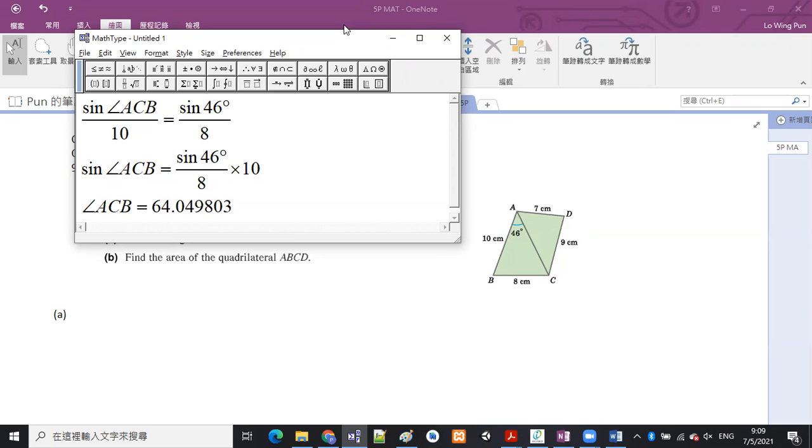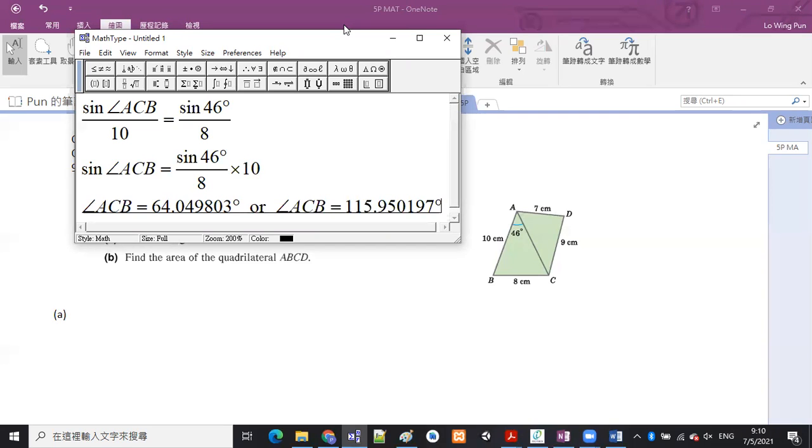And you'll find that angle ACB is equal to 64.049803 degrees. Okay, but don't forget that when we use the sine formula to find an angle, you always have the other option: 180 degrees minus this answer, which should be 115.950197 degrees. Okay, but this time, shall we reject this answer?